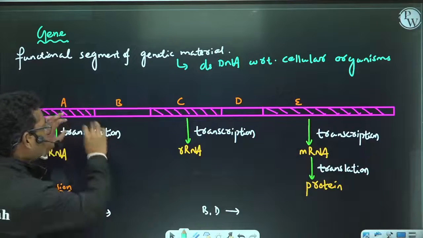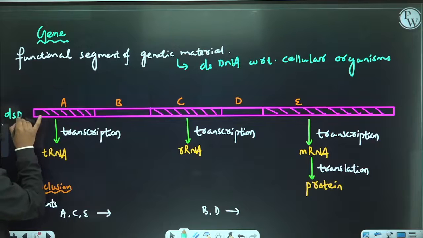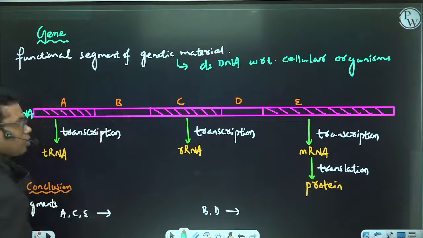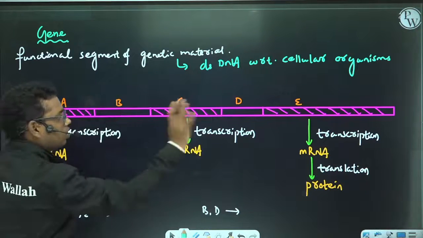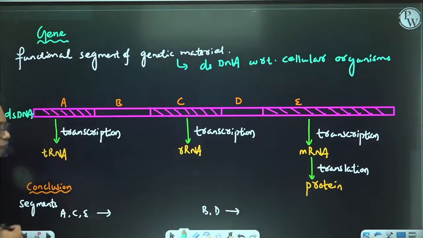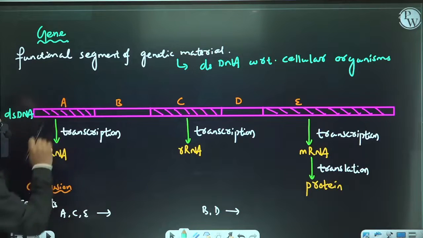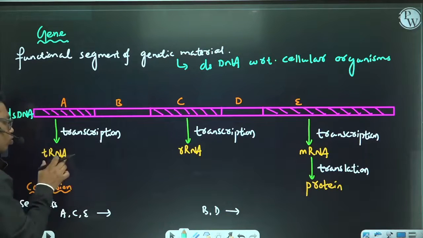Suppose this is a double-stranded DNA, and I have taken various segments here, segment A, B, C, D, E, like this. Suppose segment A has the information to form the tRNA. So segment A will undergo the process of transcription to form the tRNA.